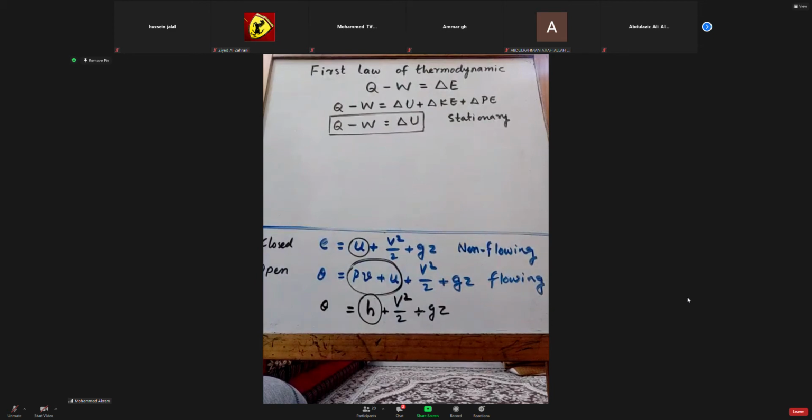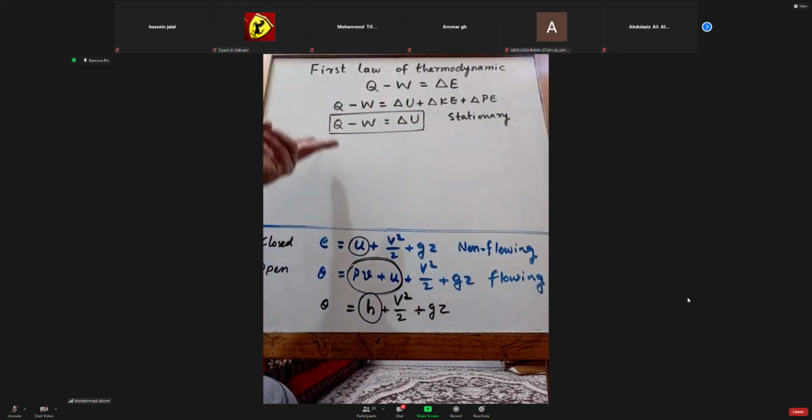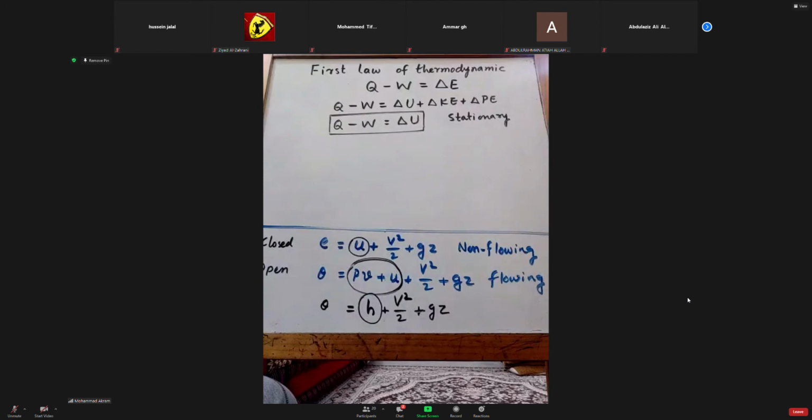See, all the energy, all the internal energy of a system can be in two forms only. What is that form? One is heat and the other one is work. So the difference between heat and work is the internal energy, or heat is equal to internal energy plus work.